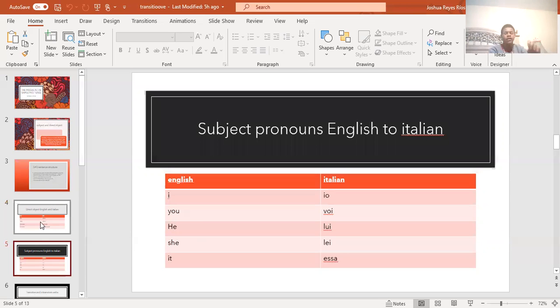Subject pronouns, English to Italian. Again, left English, right Italian. I will be io, you, we, voi, he, lui, she, lei, it, essa.